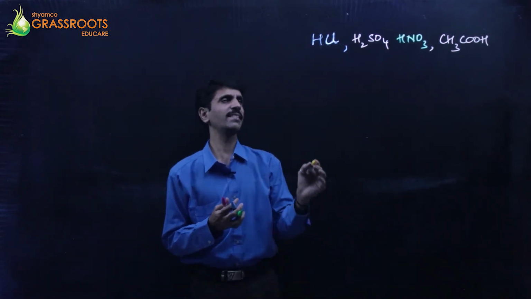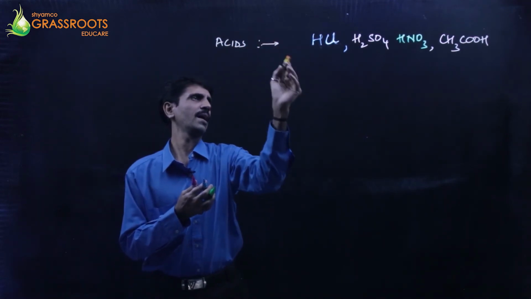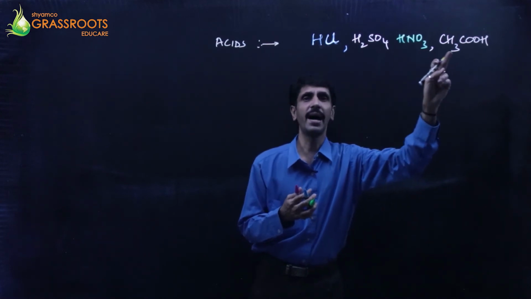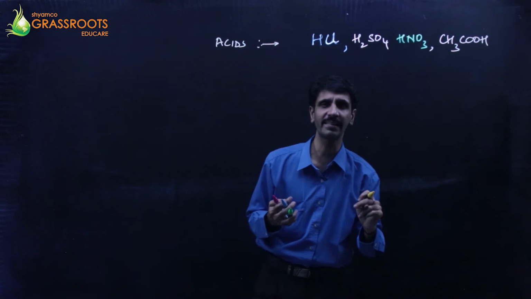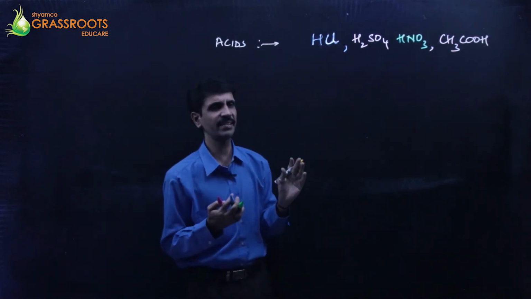Alright. So these are all nothing but what? Acids. Hydrochloric acid, sulfuric acid, nitric acid, and acetic acid. Or in IUPAC nomenclature, it is called what? Ethanoic acid.